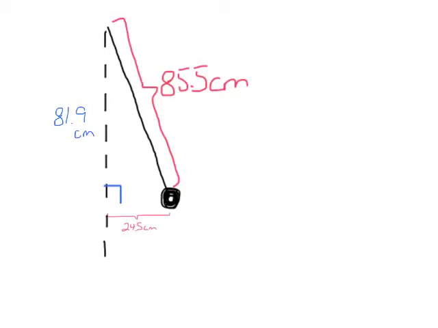So let's think about this for a second. If my pendulum were to fall to its lowest point down there, the difference between this point and that point must be the difference between 85.5 centimeters and 81.9 centimeters. With a quick calculation, it does turn out to be about 3.6 centimeters as the difference in height.